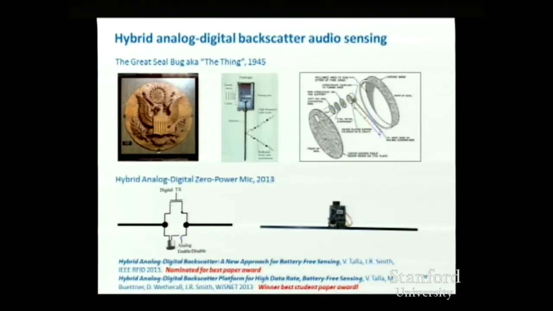And so for inspiration here, we're going back to something called the Great Seal Bug, which probably some of you know the story of. This device was invented probably by the inventor Leon Theremin, who was kidnapped from the United States, taken back to Russia, forced to work on bugs. It seems like this is one of the bugs that he came up with.